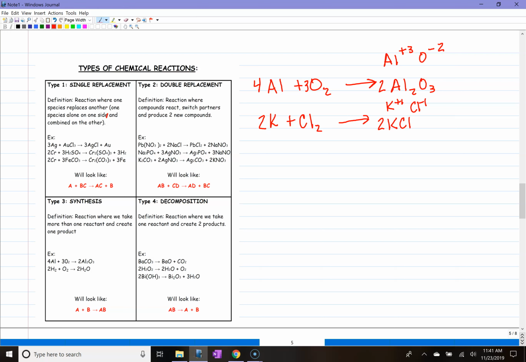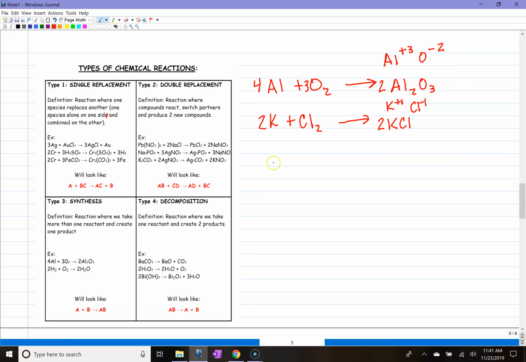Now, the fourth type of reaction is a decomposition reaction. In a decomposition reaction, we're going to take one reactant and we're going to create more than one product because this type of reaction is a breaking down of the compound.